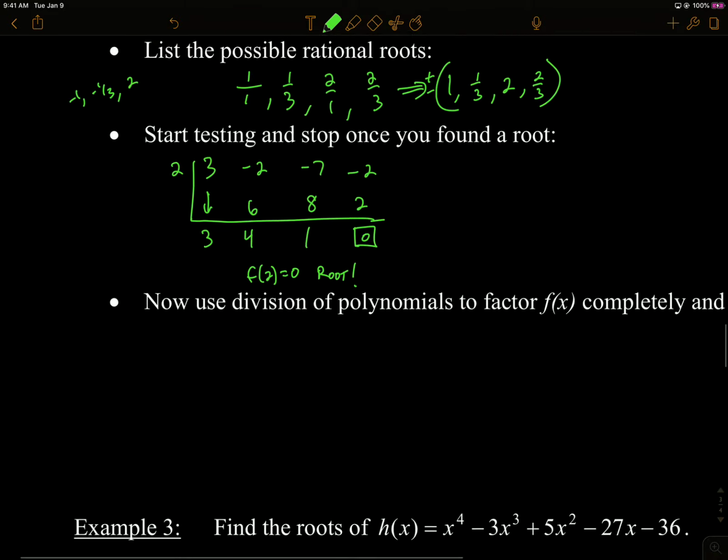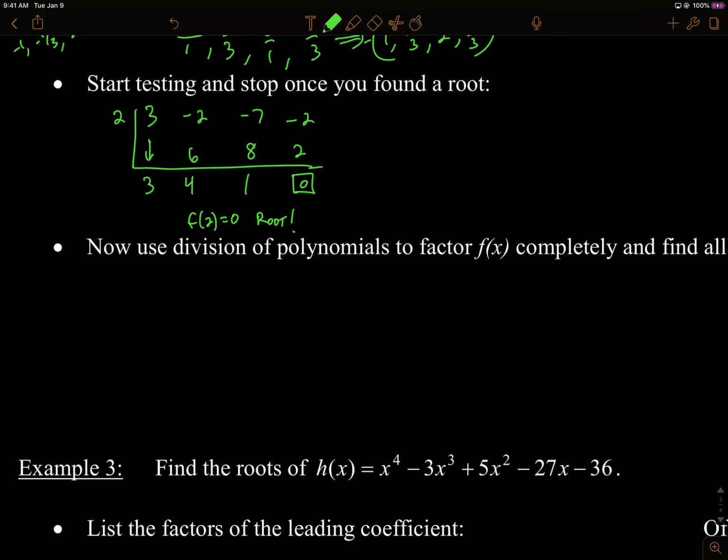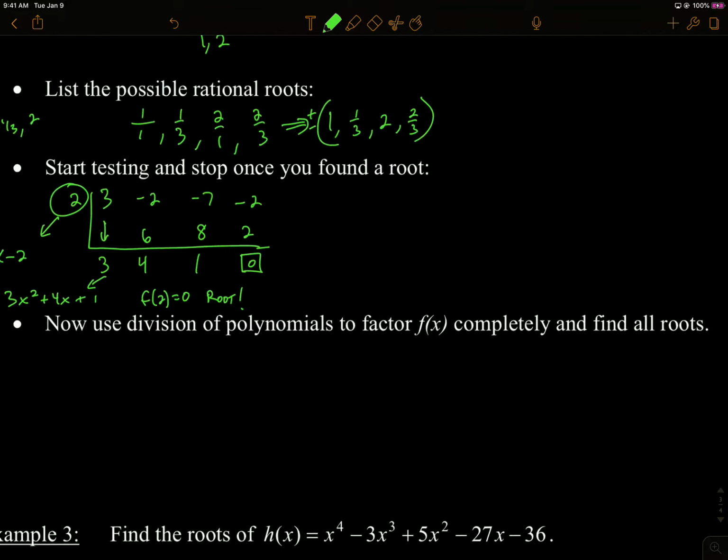All right. Now we're going to use the division algorithm of polynomials to start factoring this thing. So I know that this turns into the divisor x minus 2, and I know that my quotient turns into 3x squared plus 4x plus 1 with a remainder of 0. So my original function, which are we calling this one g? We are.